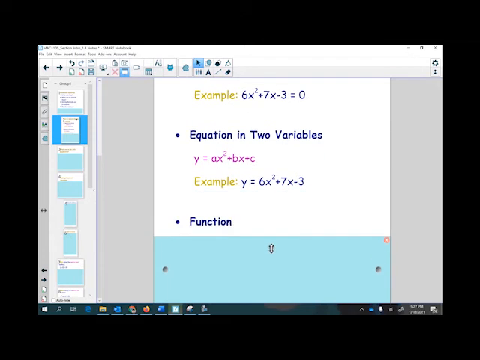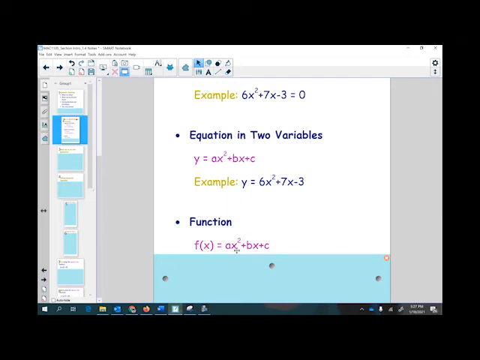Then we have functions. So a quadratic function would look almost identical to the equation in two variables, except now instead of y, I have a different notation, f of x, which means function of x. So this is where we've decided to replace the y with this notation, which means that we're saying that the output depends specifically on what x is.